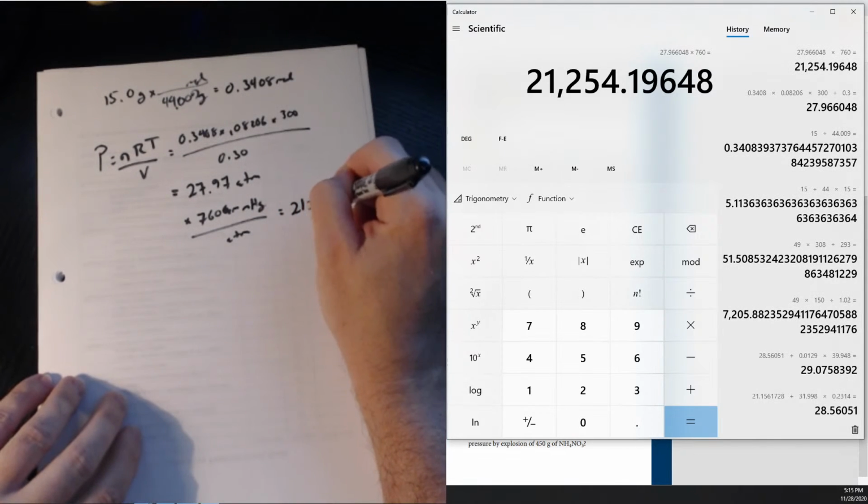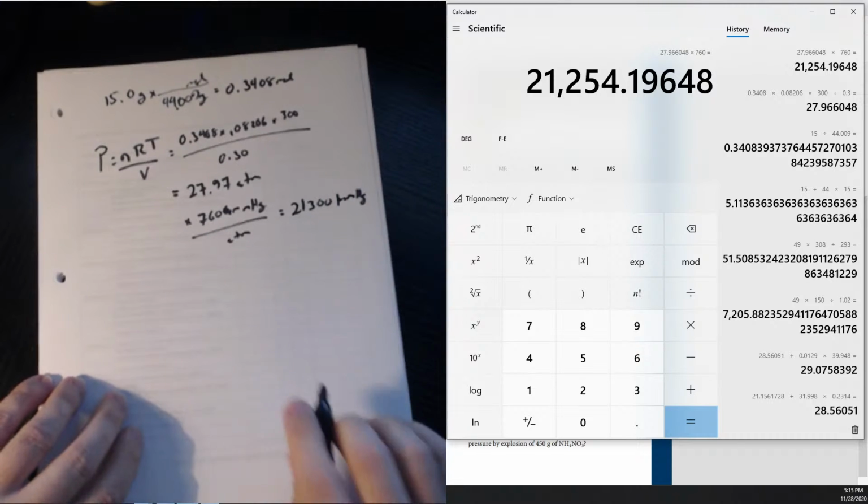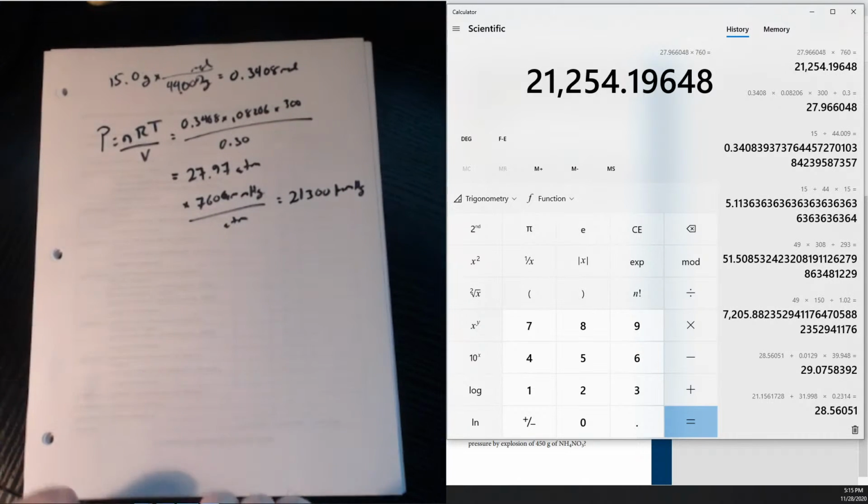That's 21,300, let's call it, millimeters of mercury. So just a PV equals nRT problem and a conversion problem.